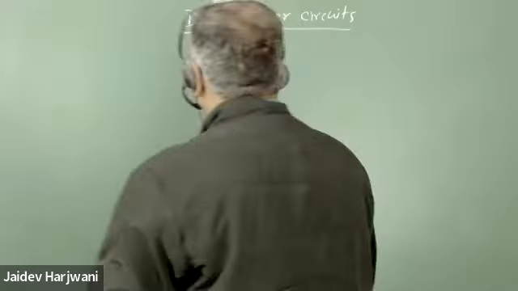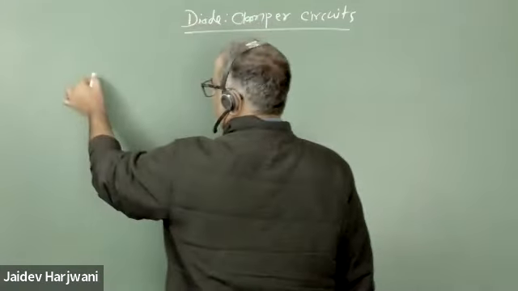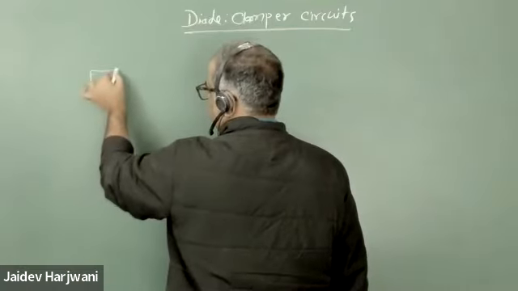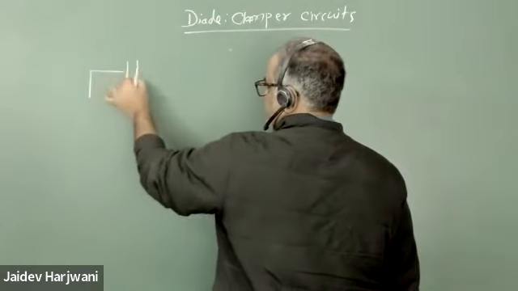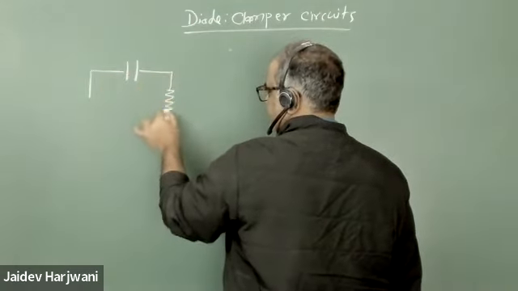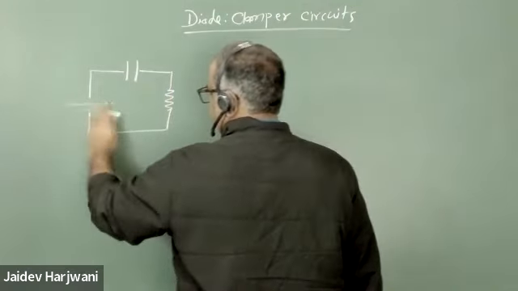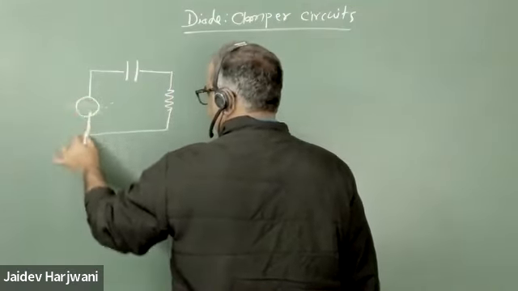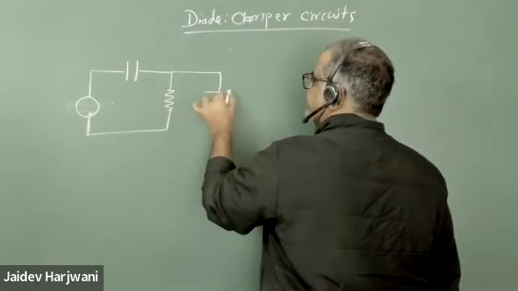Okay. So we were discussing clampers. We will do a few more problems on clampers. Clampers means you have a diode along with a capacitor. So this is your resistance R. Here I have a source, and here I'm connecting a diode.